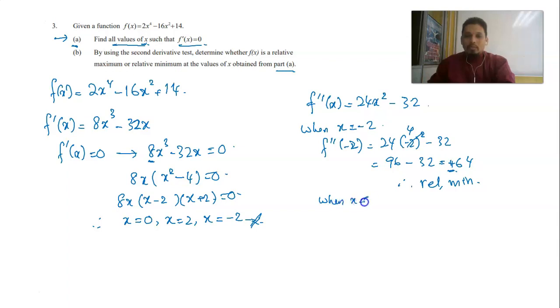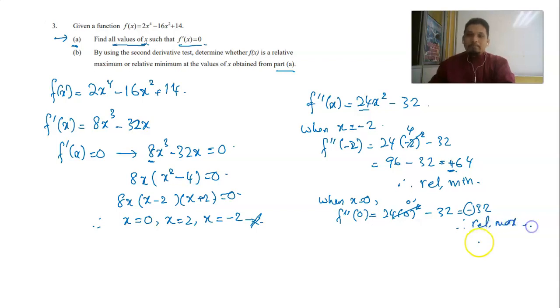When x equal to 0, f double prime 0 is 24 times 0 squared minus 32, everything is 0 here, 0 minus 32 equal to negative 32. With negative here, we come up with the conclusion that it is a relative maximum.